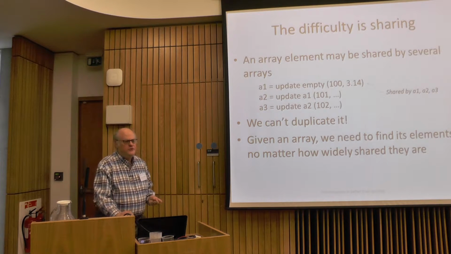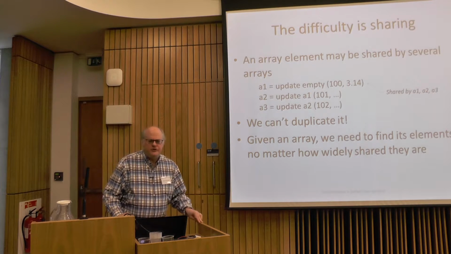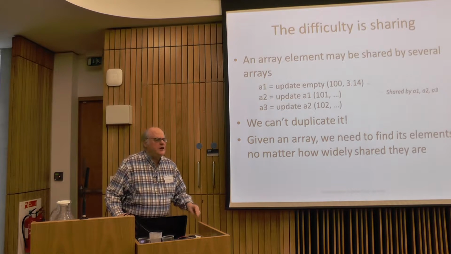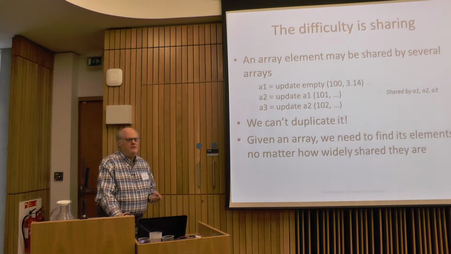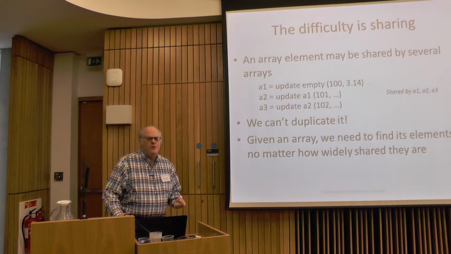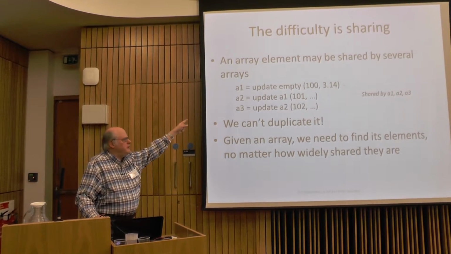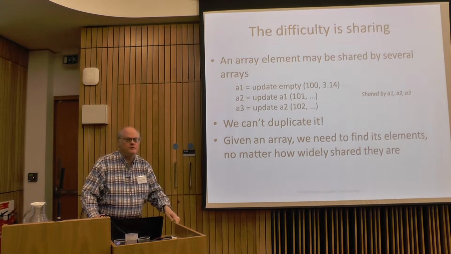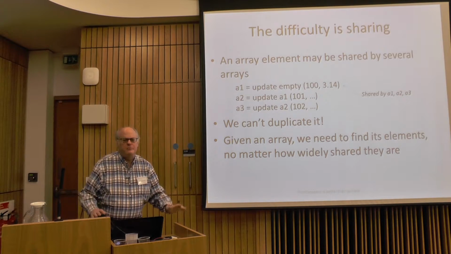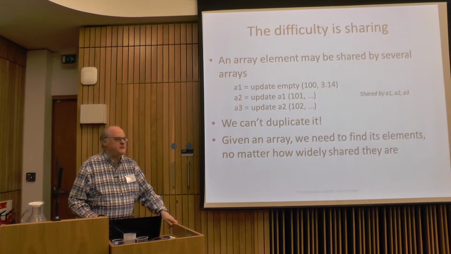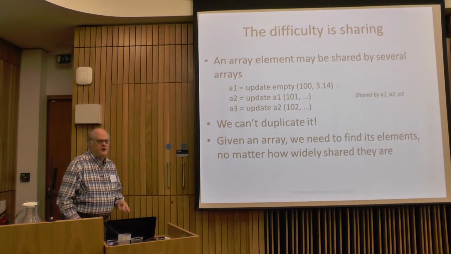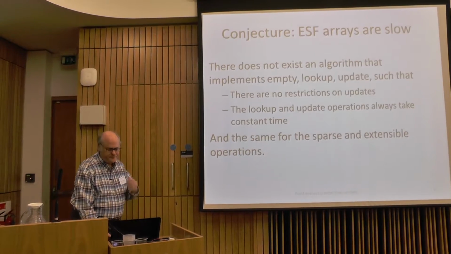My aim is to try to get a really efficient implementation, and the key observation here is that we have to maintain the sharing. We cannot duplicate the elements. So, for example, the value 3.14 needs to be in the memory of the machine, only one copy of it. Otherwise, we're going to have very bad performance.